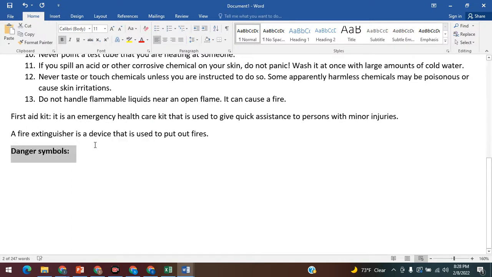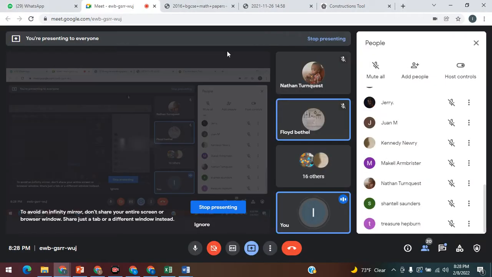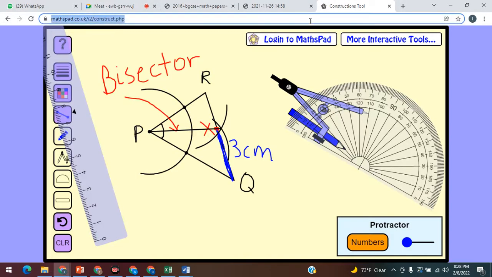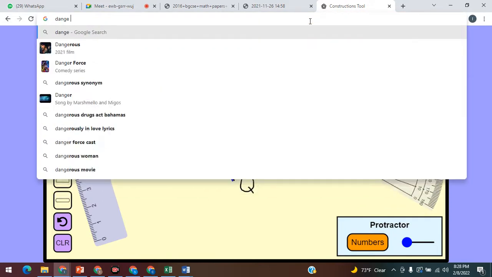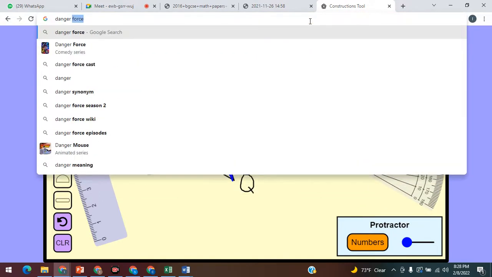By looking at them on a chemical, we know there's a problem with the chemical and we know the specific problem. So sometimes we may have a substance that is flammable. Let me go on danger symbols so we can get a basic overview.